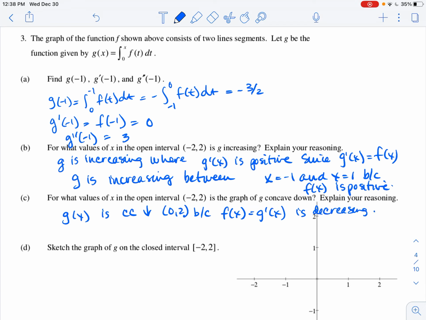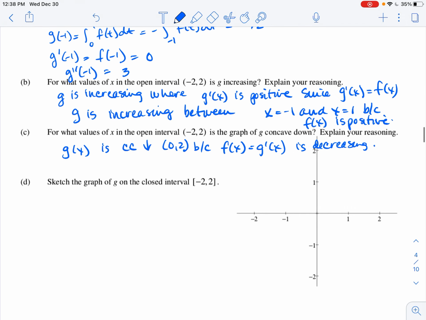Okay, and so the last one wants us to sketch a graph on this interval, -2 to 2, so let's get some values to plot. So I'm going to look at g of -2, -1, 0, 1, and 2. Okay, so I do know a couple of these.